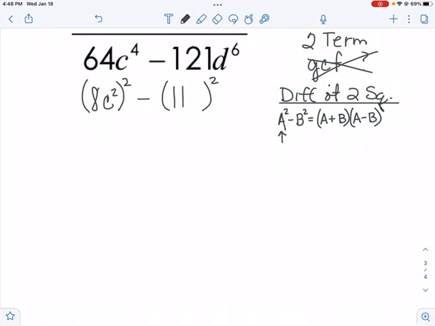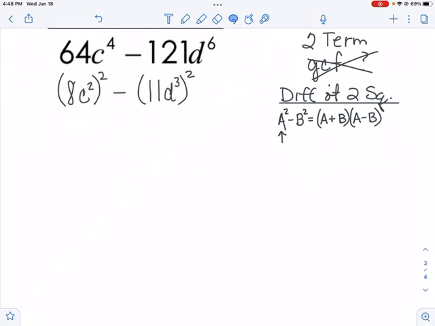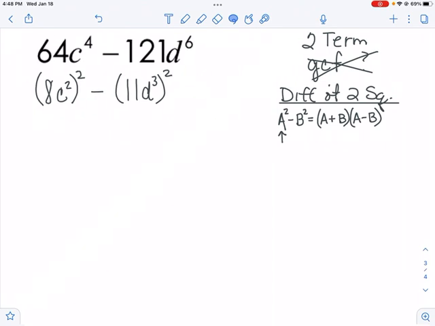I'm going to put this under here like this: a squared minus b squared. I want you to look at the rule over there and follow along with me. This is equal to a plus b times a minus b. So what is a?